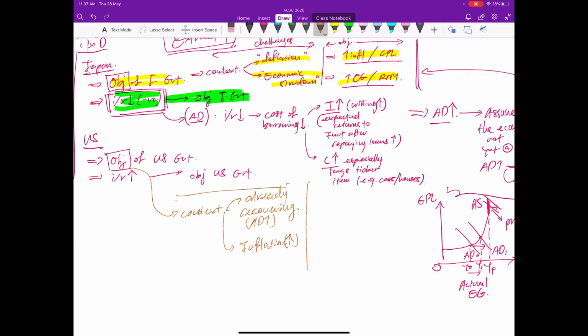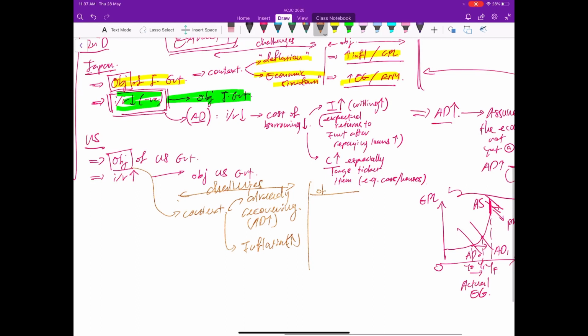So because of this set of challenges, the objective of the government in the US is a little bit different. They want to manage price levels. That is to say, for the general price level to increase moderately or slow down the increase in the general price levels.